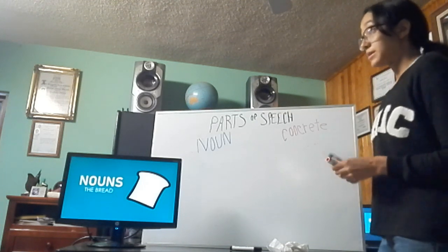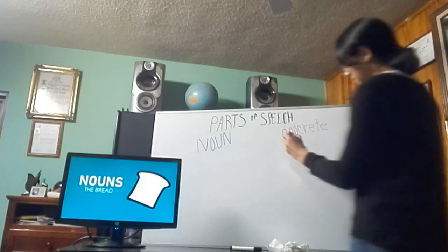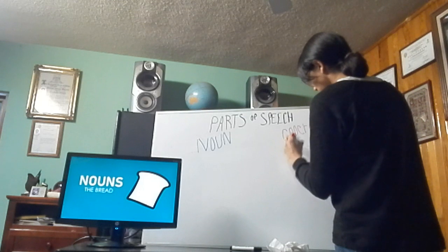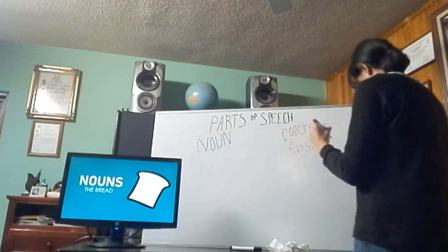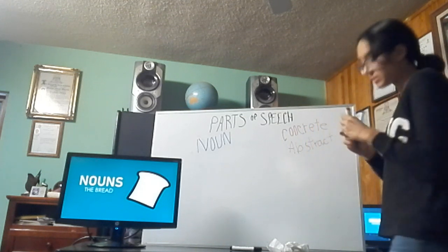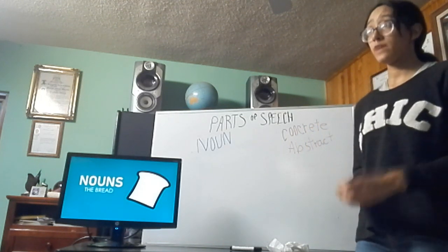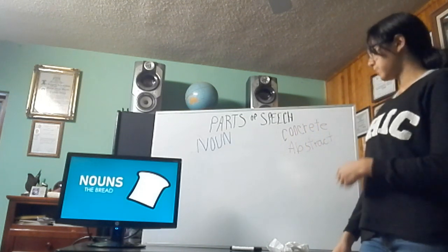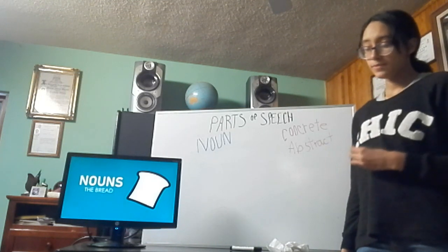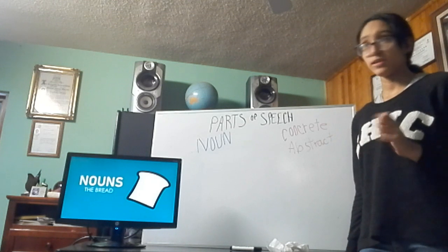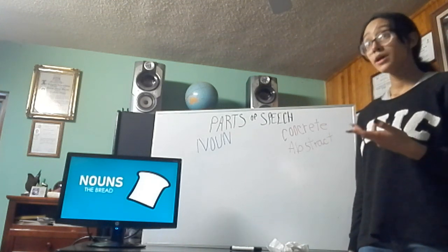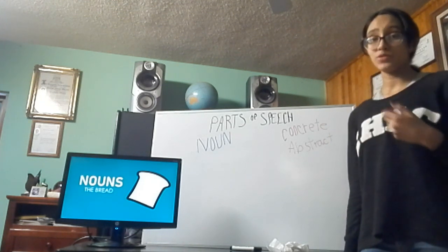On the other hand, abstract nouns are the ones that we cannot perceive with our 5 senses. For example, an abstract noun can be an idea or maybe a feeling. You cannot exactly touch or smell love, but you know that it can be a noun, you know that it exists.